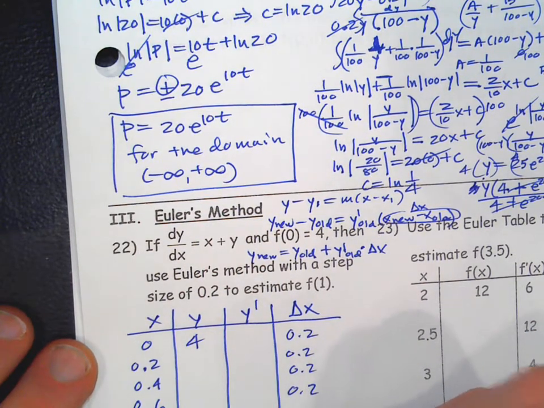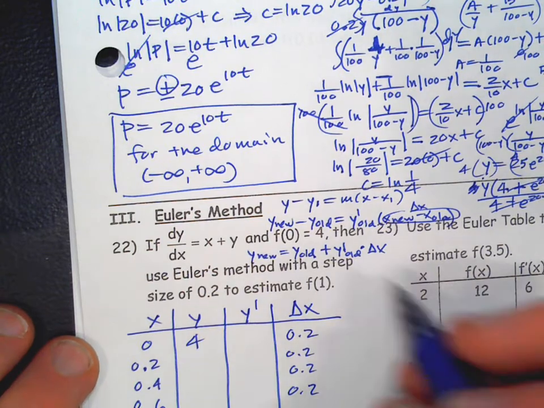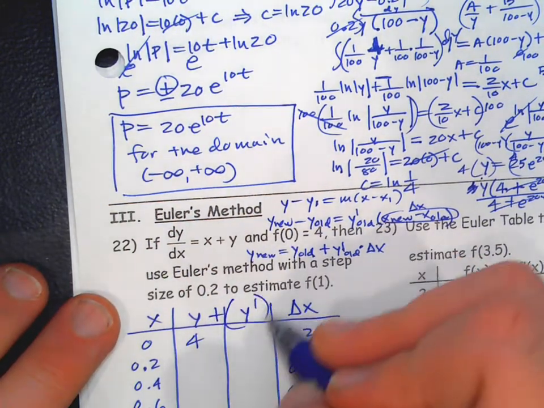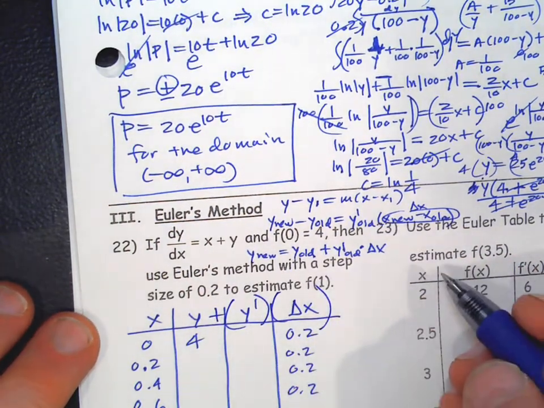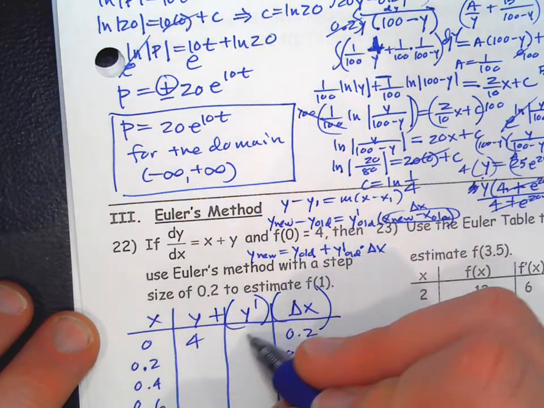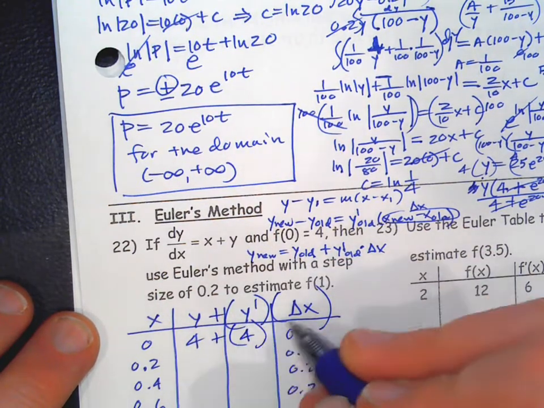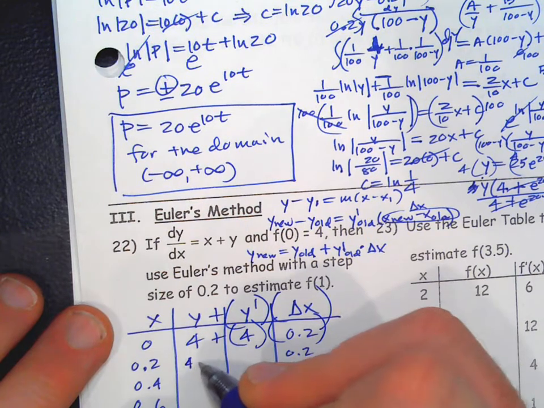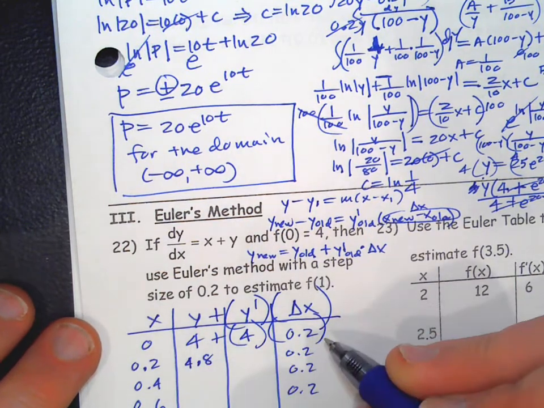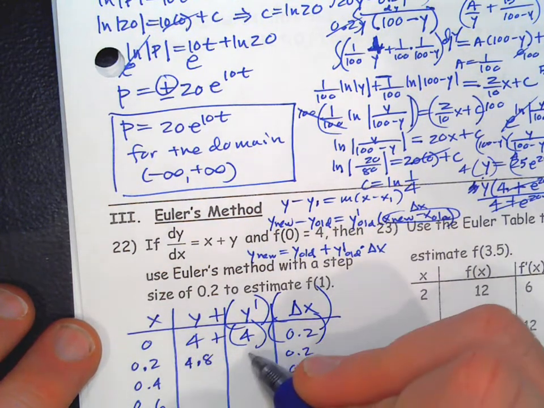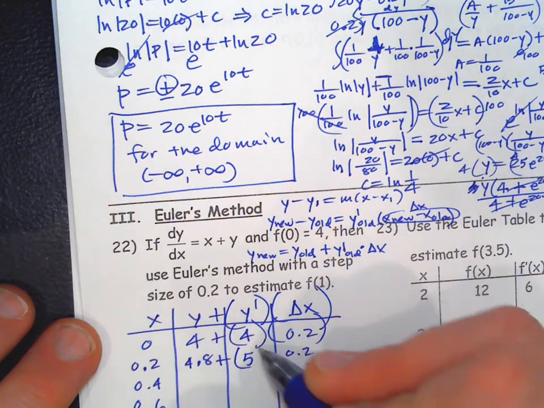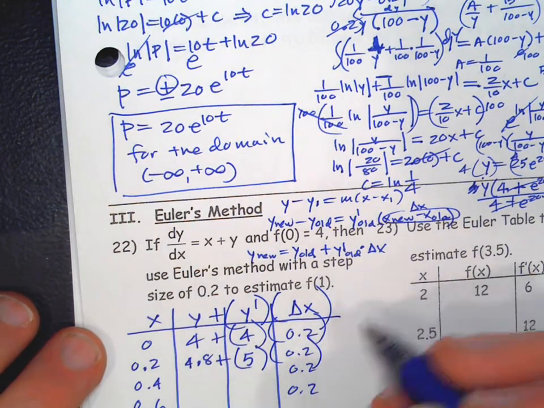I don't think we're going to need the last one. So it's going to be this plus this times this. The derivative is x plus y, so that's going to be 4. So that's going to be 4.8. And then we add these together and we get 5. And this plus this times this. That's going to be 5.8.